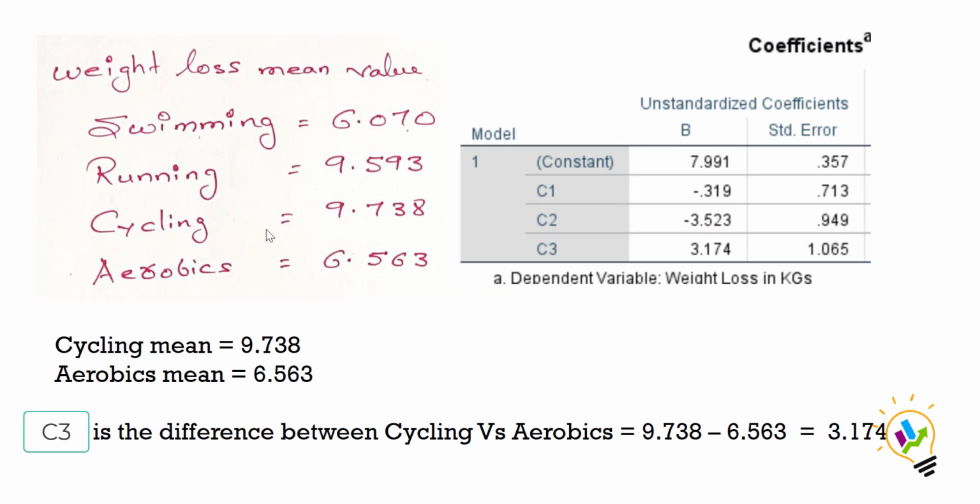For cycling we got 9.738, whereas for aerobics it is 6.563. The difference is 3.174. It means there is more weight loss in cycling compared to aerobics. The difference value is the unstandardized coefficient value, 3.174.